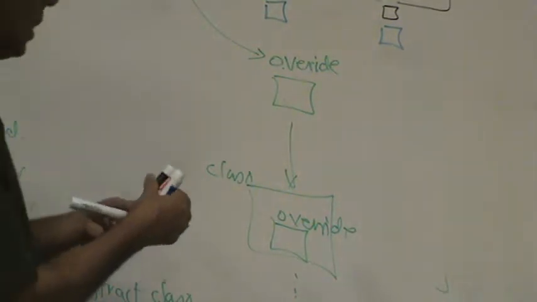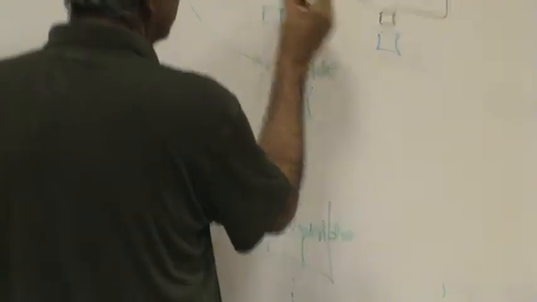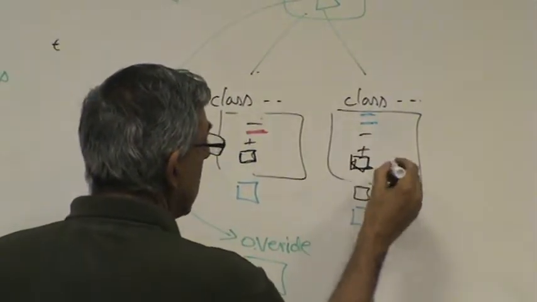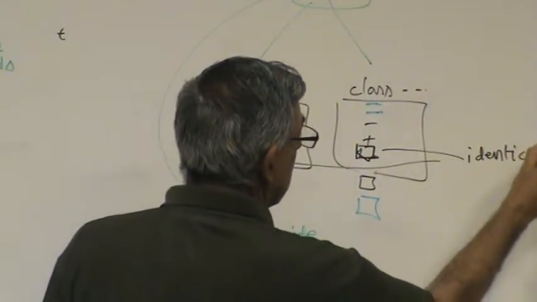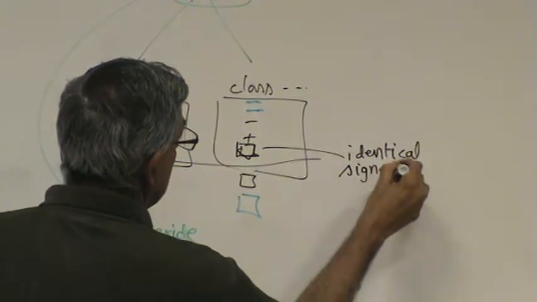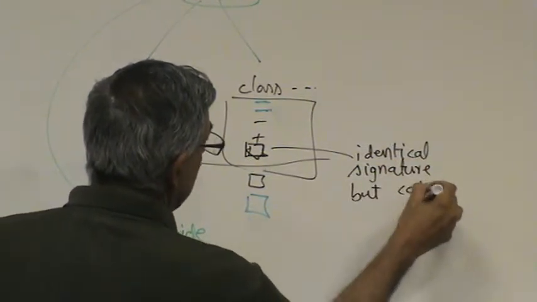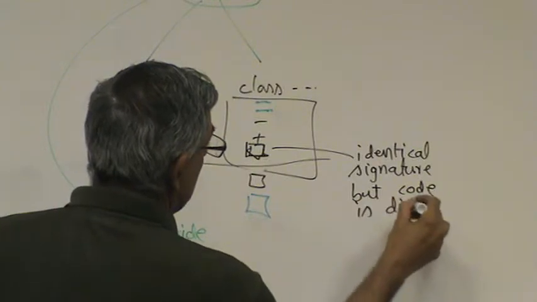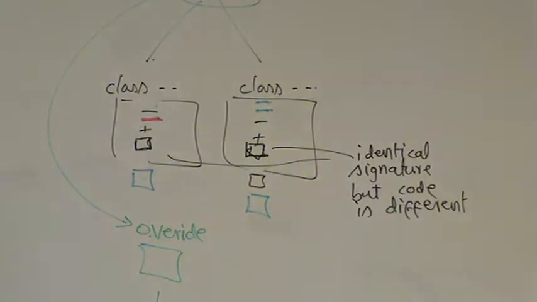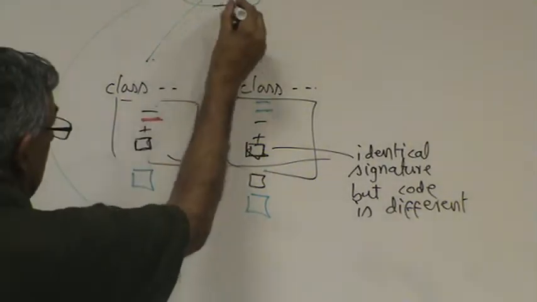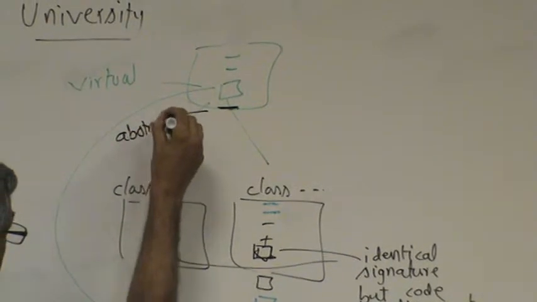Now suppose there was another method over here, which has an identical signature, but the code is different. Then how will you declare it? You will not put any code over here, you will put abstract over here.